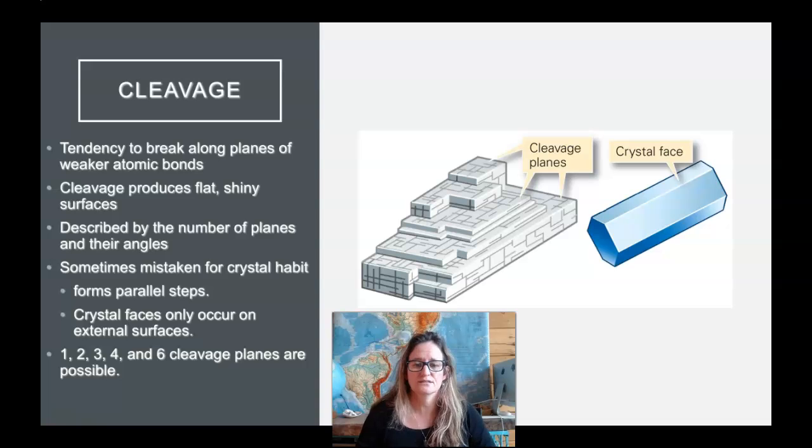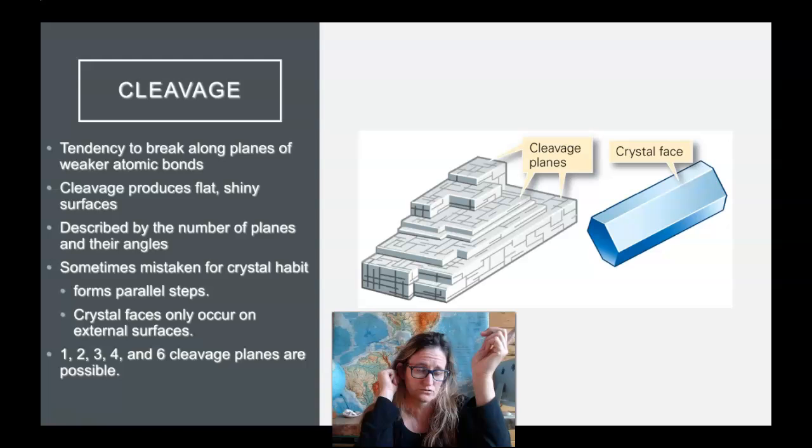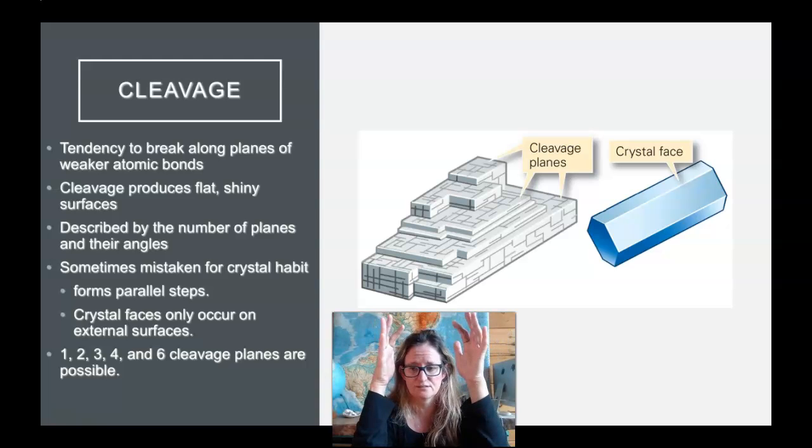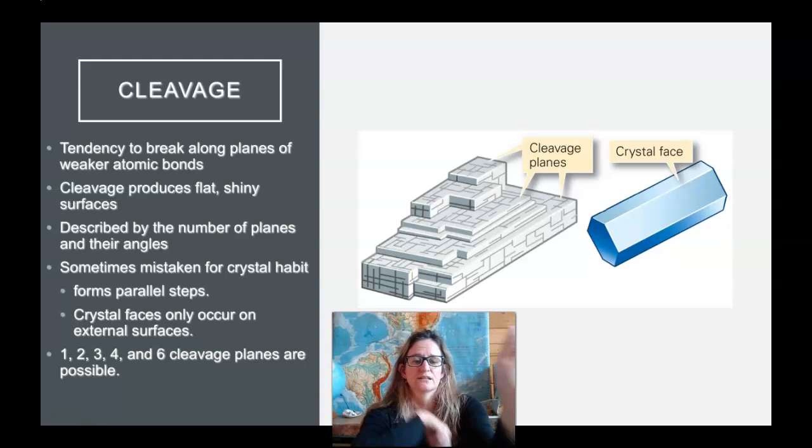If there's a weakness, then that's where the mineral is going to have the tendency to break, and that's called cleavage. So in this cartoon, the mineral has cleavage planes, whereas the crystal there has crystal faces. And the direction of cleavage matters. It can be at 90 degrees, like in this example, or other angles to define the cleavage.